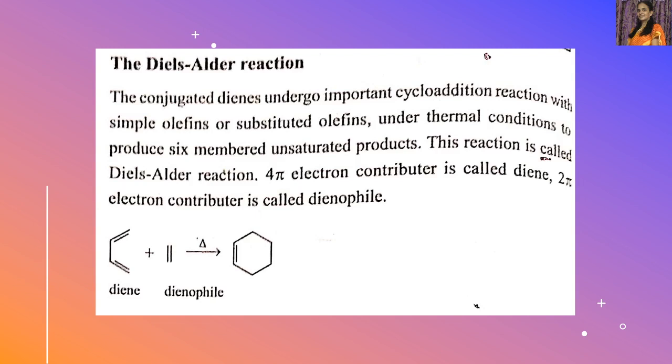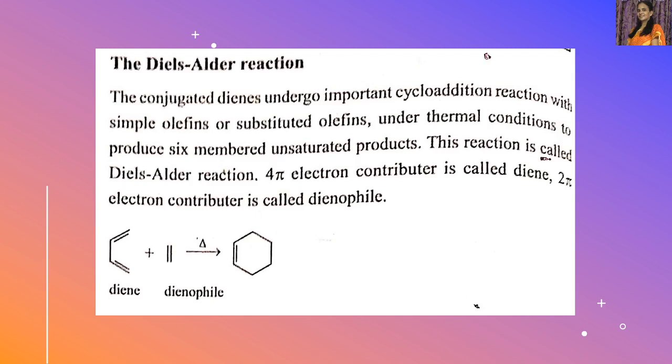That cyclic compound will have six members: the four-member diene and two-member dienophile combine to form a six-membered ring.